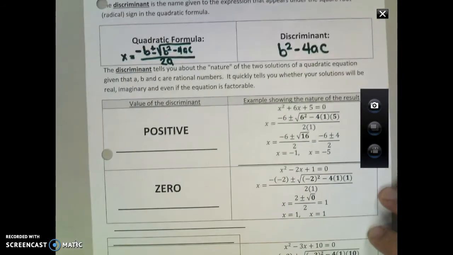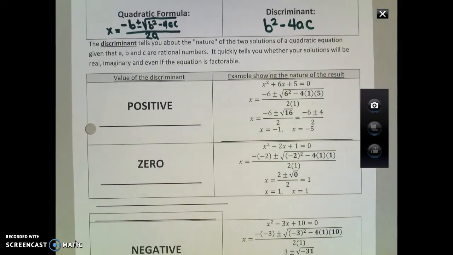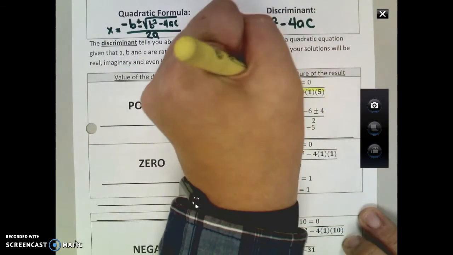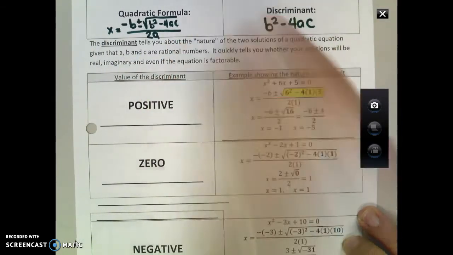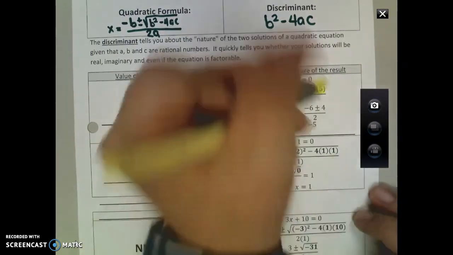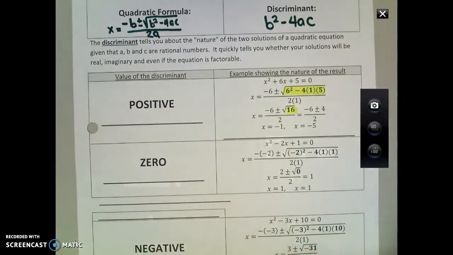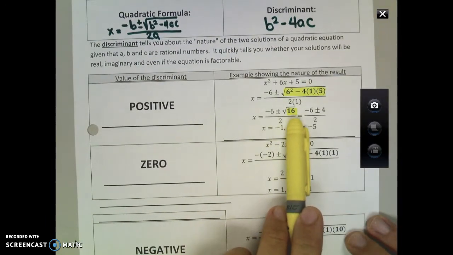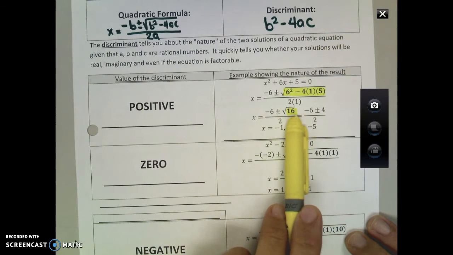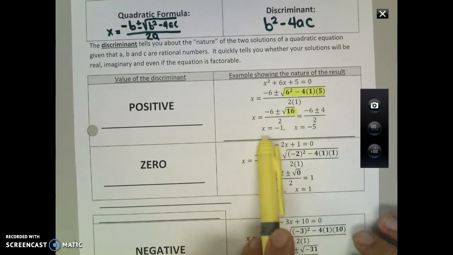So for example, we go into these examples. Our first problem, the discriminant, is everything inside the square root. So it's this 6 squared minus 4 times 1 times 5. And when we simplify that, we end up getting a positive 16. So whenever your discriminant is going to be a positive number, anything greater than 0, you're always going to get two values.